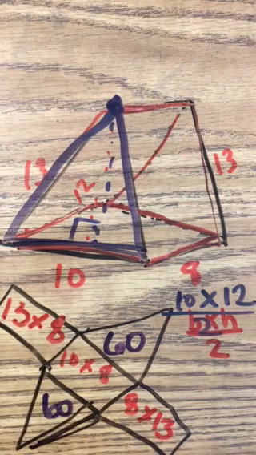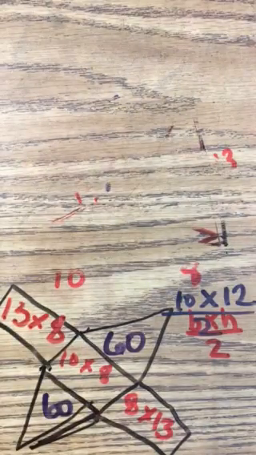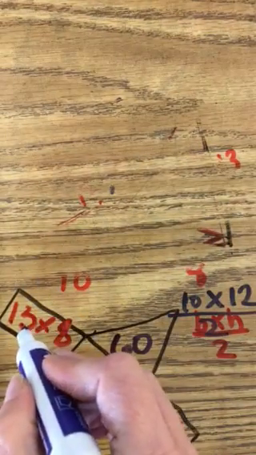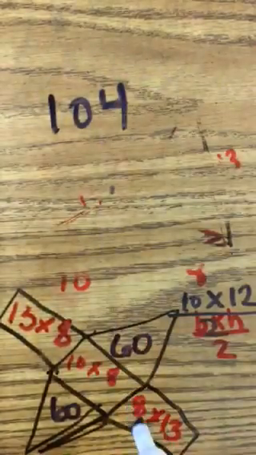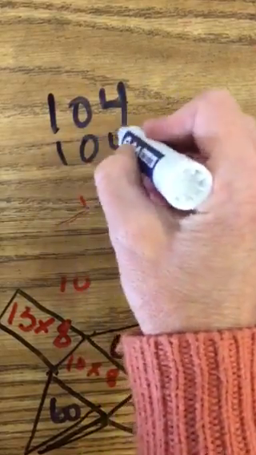So then my last step for solving for surface area is to add all of this together. And I can just make a little space there. So I've got 13 times 8, which is 104. I've got another 13 times 8, 104.